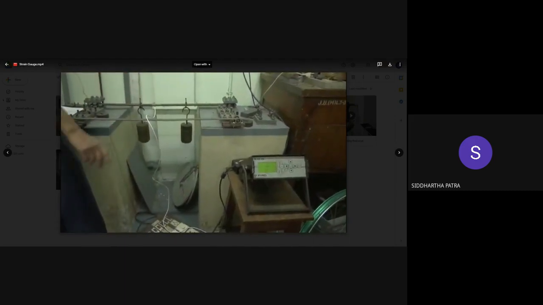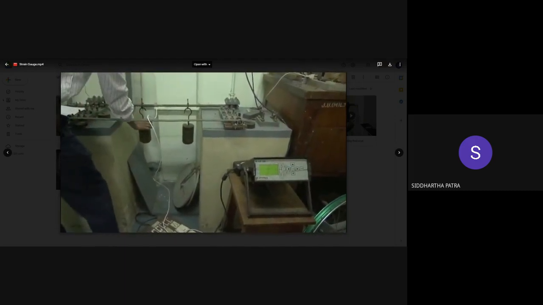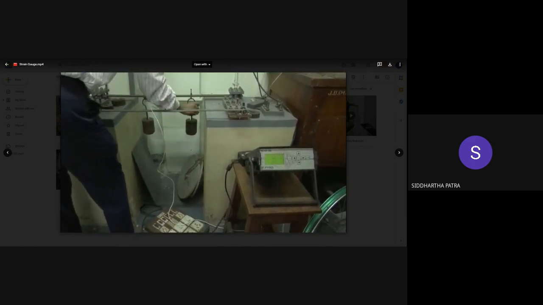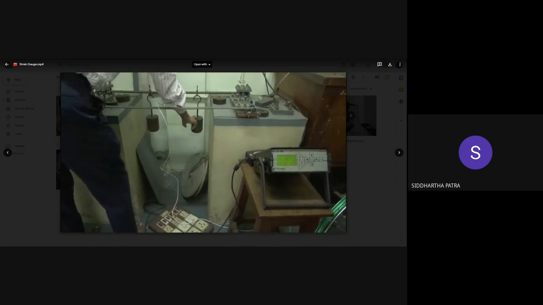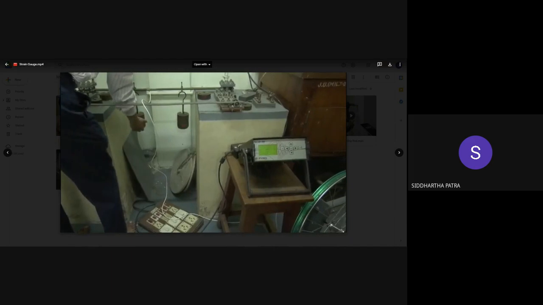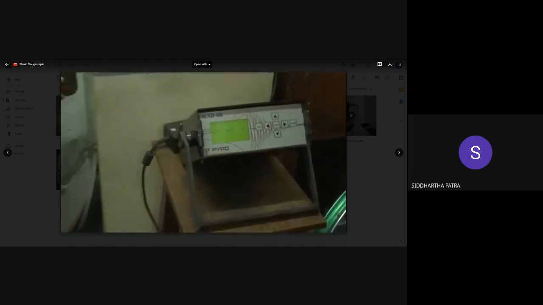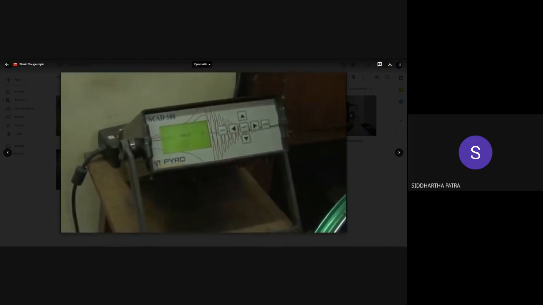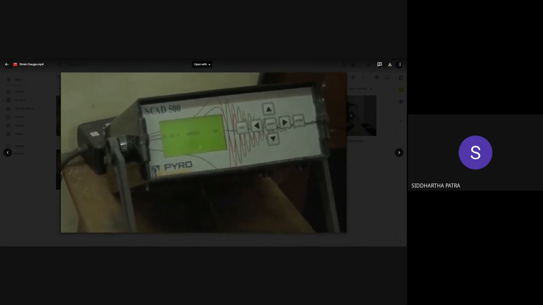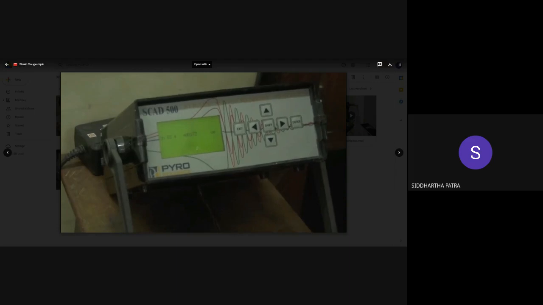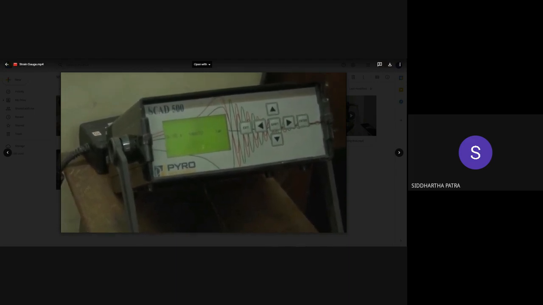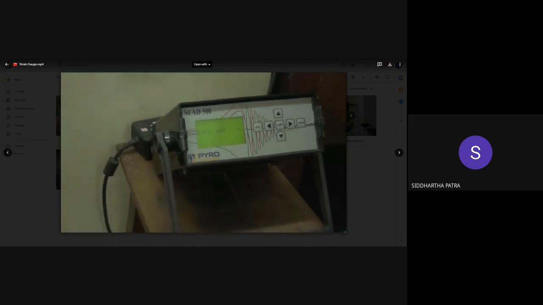The same readings will be maintained in descending order. Now for 7 pound, the reading is 172.